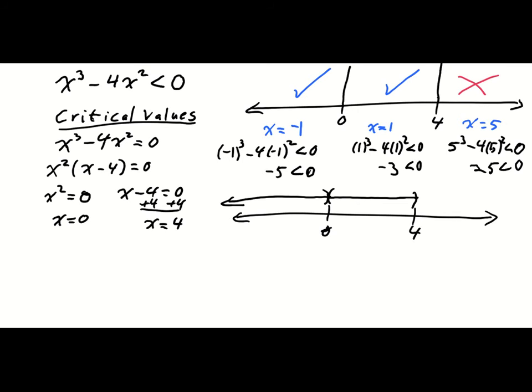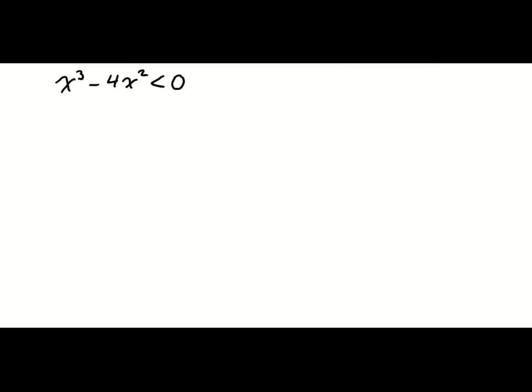The interval notation would be parentheses from -infinity up to 0, close parentheses, and then a union, because we have another part to it, parentheses from 0 to 4, close parentheses. And again, those are all parentheses both on the interval notation and the graph because it's a strictly less than. If it was less than or equal to, then we would have some brackets involved.